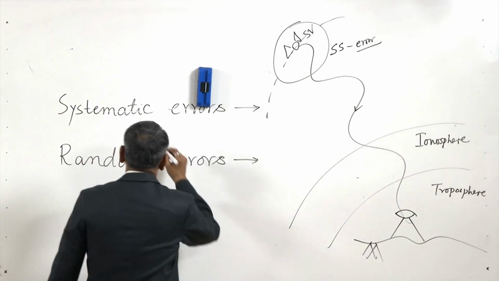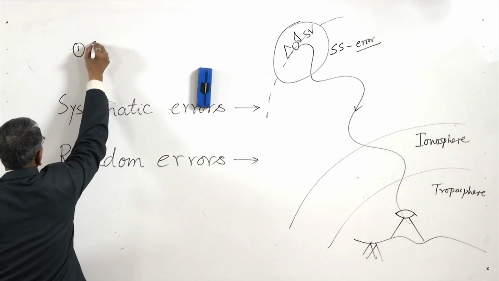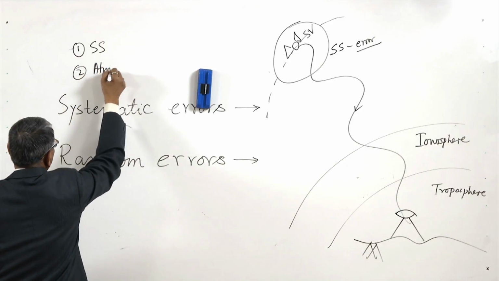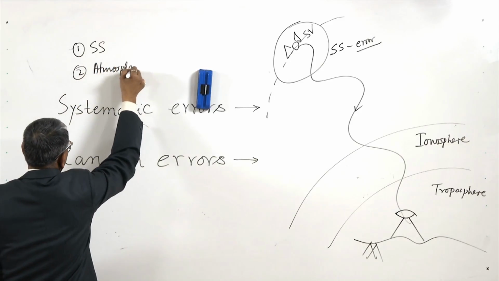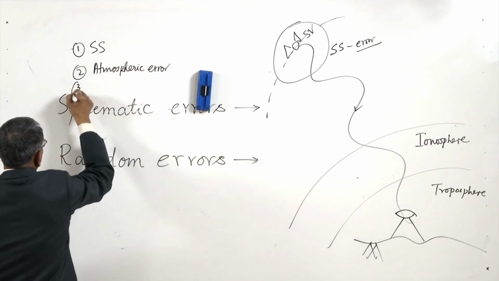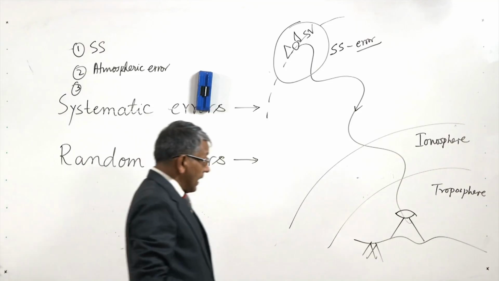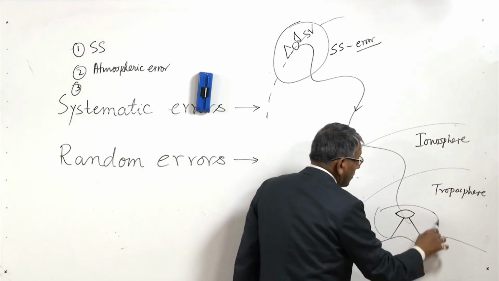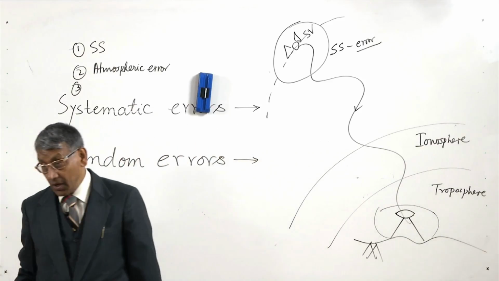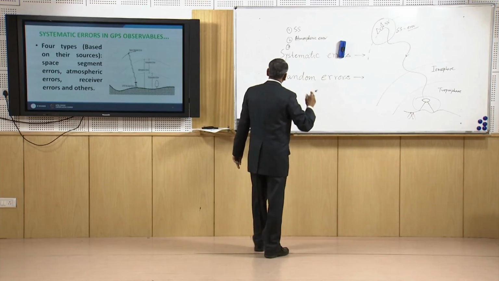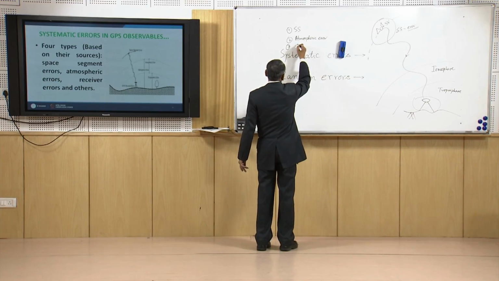So, first one is space segment error, number 2 atmospheric error, number 3 the receiver may not function the way it is expected to work, so receiver error.